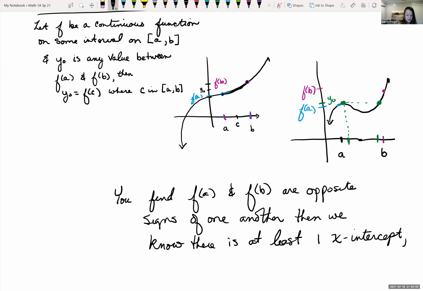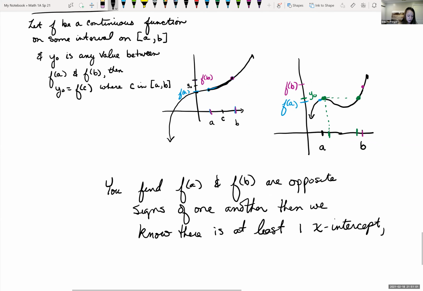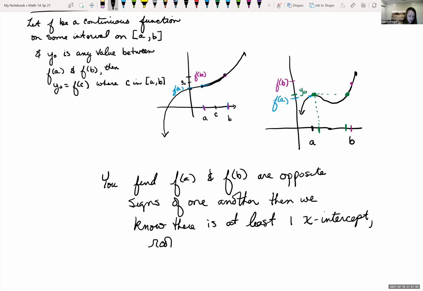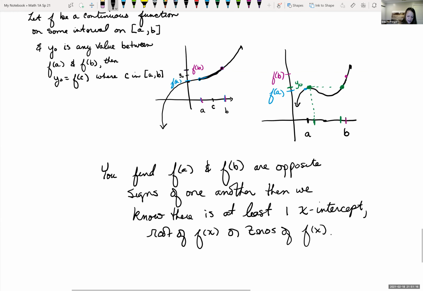Another way to say x-intercept, remember, were roots of f of x, or zeros of f of x on the interval a, b.